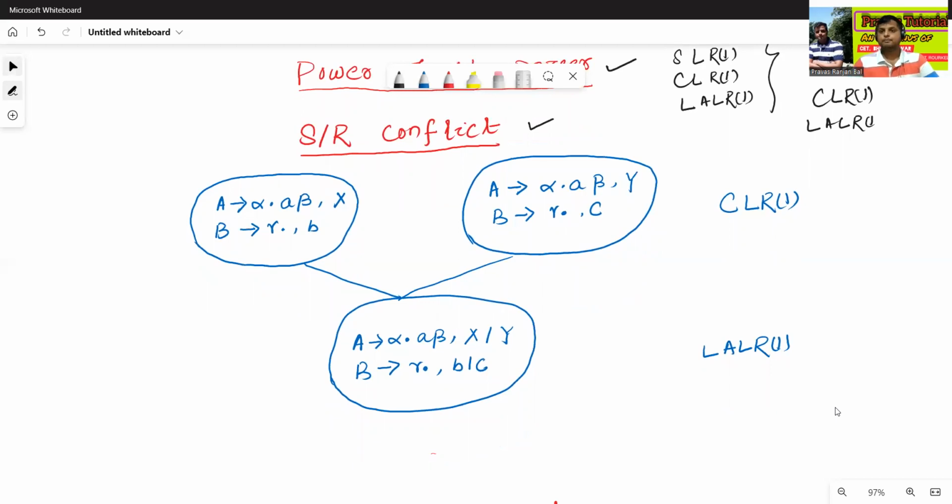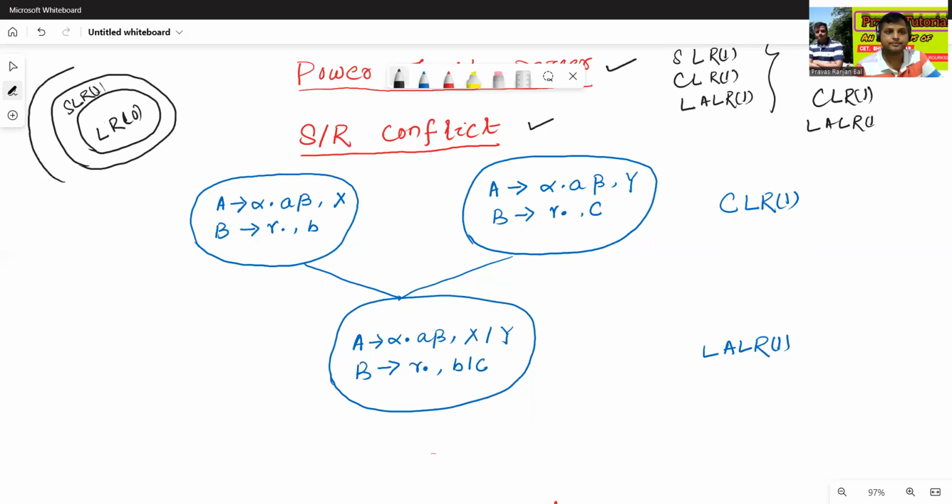One important point, just note it. We generally know that LR0 is a subset of SLR1, and SLR1 is a subset of CLR1 and also LALR1.